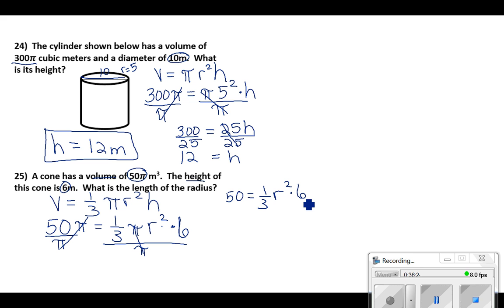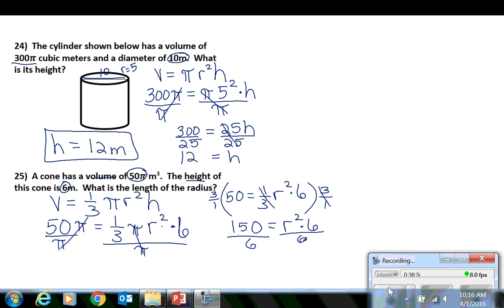I don't like that fraction, so I'm going to multiply both sides by 3 over 1, the reciprocal, to get rid of that. So 3 times 50 is 150 equals, so this is canceled out, bring down the r squared times 6. So now I'm going to divide by 6 because I'm looking for the radius. I want to get that by itself. Divide by 6 on both sides.